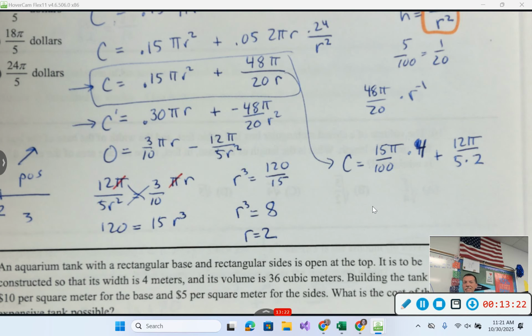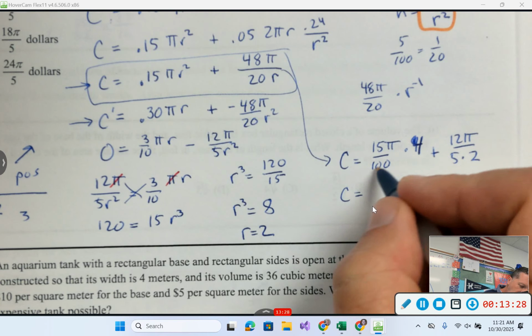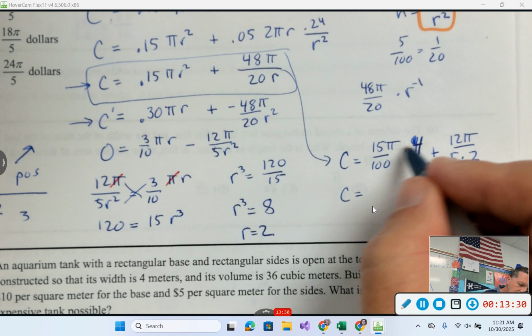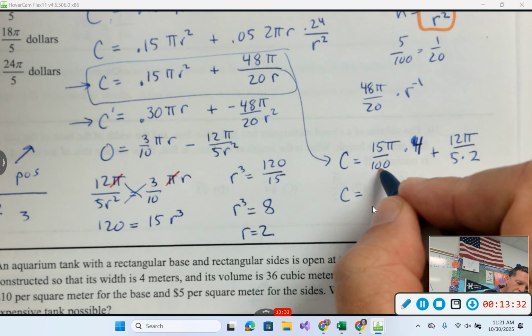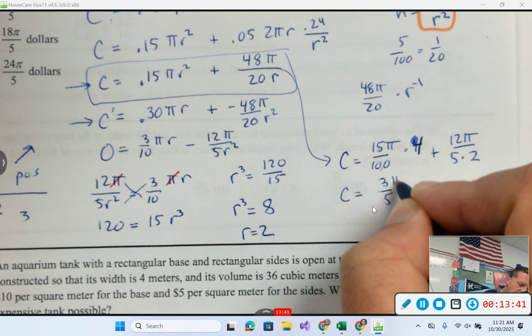That would be a safe stop, except we don't have that option. Let's see, how do I want to do this? 60 over 100 or 15 over 25? Either way. 60 over 100 is 3/5.